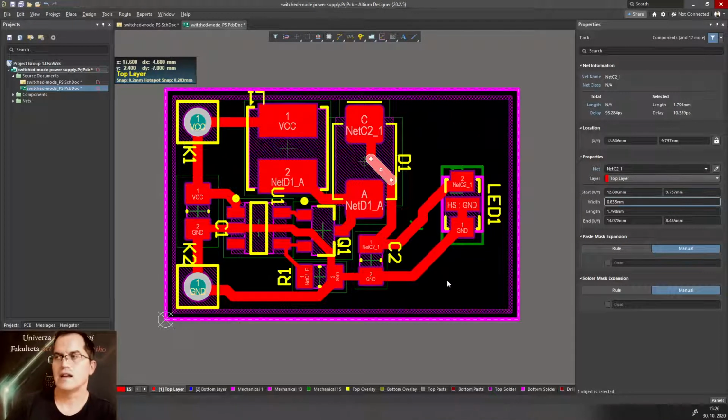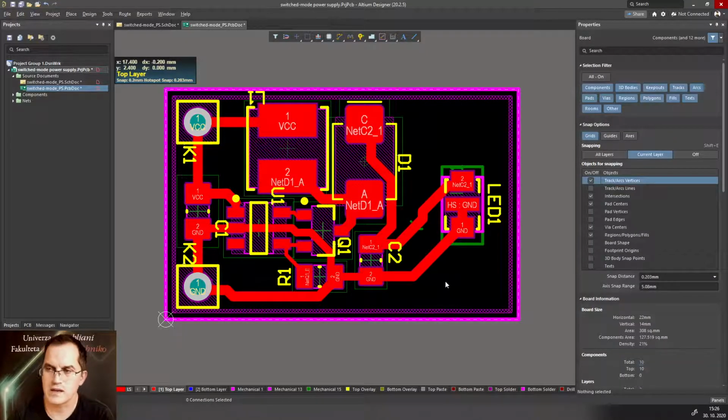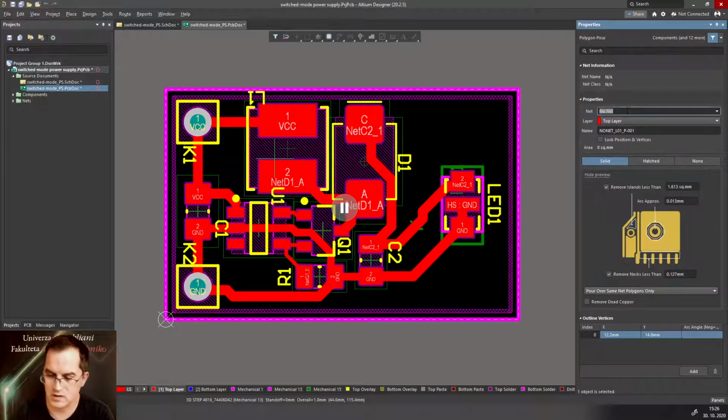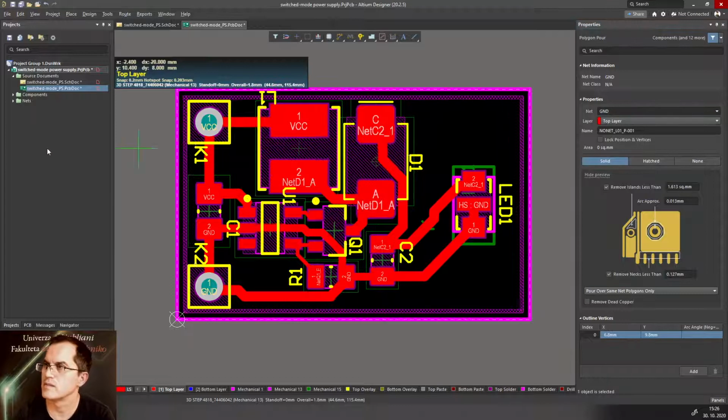Now, what can I do more? Well, of course, I can put some planes. I will make a polygon pour on top layer, and I will choose the ground net to use it.